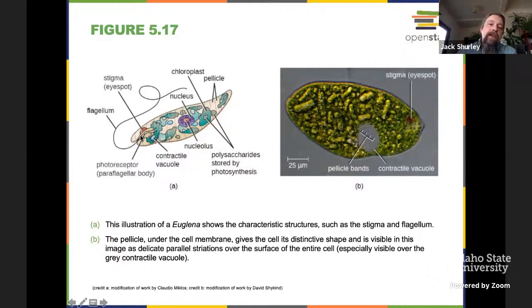These guys also have an eye spot that allows them to sense sunlight, thinking of them like in a pond or some aquatic situation, kind of knowing where they're at in the water table, moving toward the top when it's daylight and they could photosynthesize, and then as the sun goes down, maybe being at the surface of the water isn't the best, so they recognize that and can maybe sink down a little bit. So pretty cool.